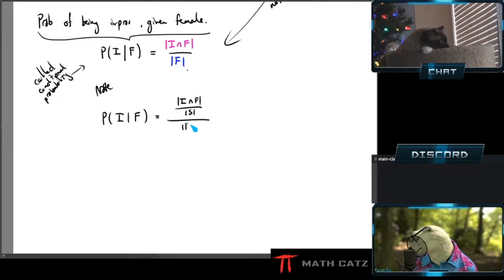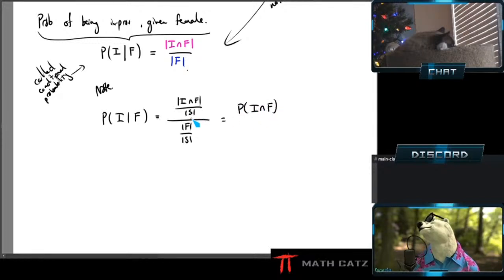And I can do the same for the bottom number. And because I have done the same thing at the top and the bottom, nothing has changed. But now the top, just in isolation, is a normal probability of the intersection of these two, right? It's relative to the sample space, so it's relative to the whole rectangle, to everyone. And the bottom one is the probability of F, just relative to everyone. It's a normal or conventional probability.